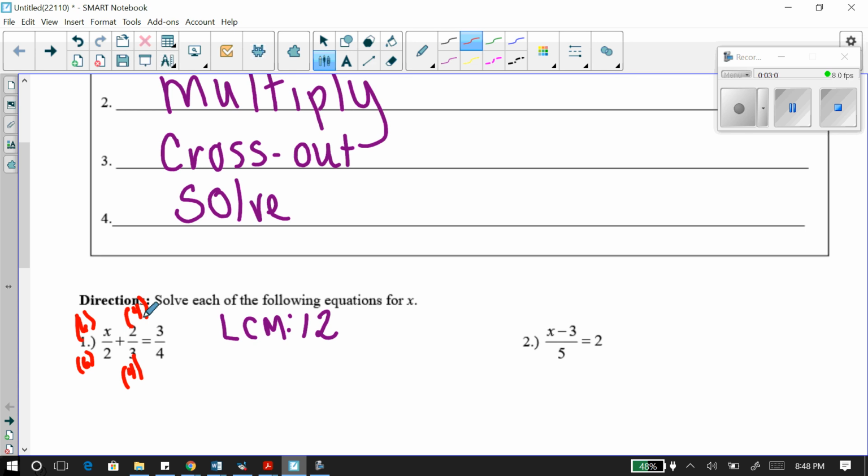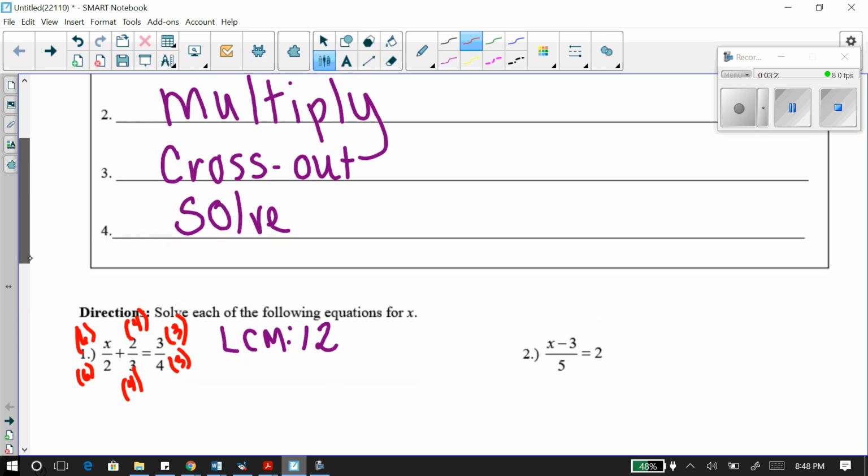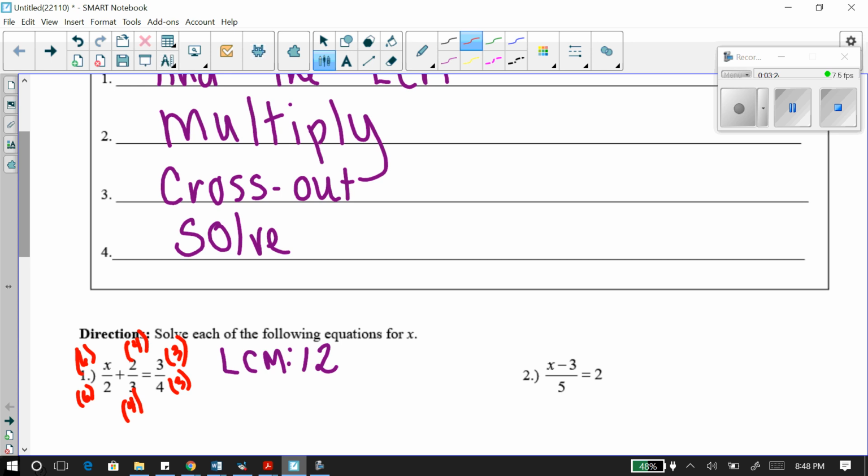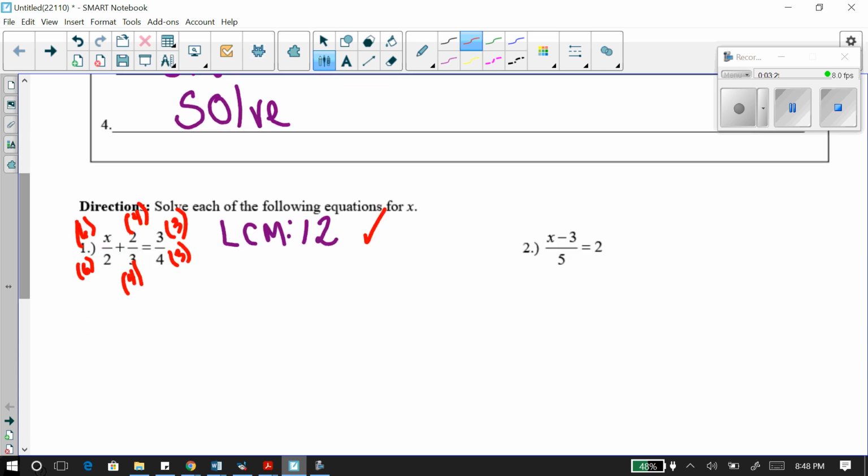So I'm going to multiply tops and bottoms by 4 for that fraction. And now 3 times 4 is 12. So I'm going to multiply tops and bottoms by 3. So step 1, find your LCM. We did. Step 2, multiply. So let's multiply everything out now.